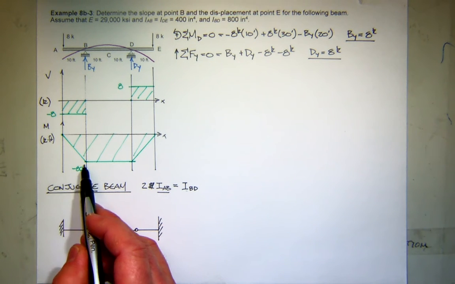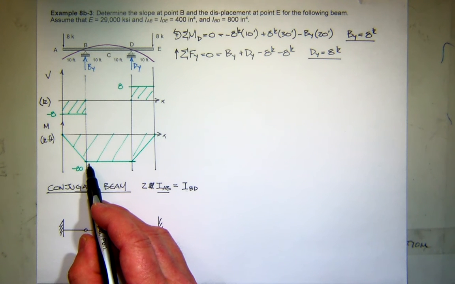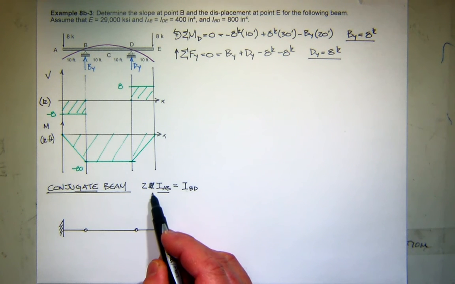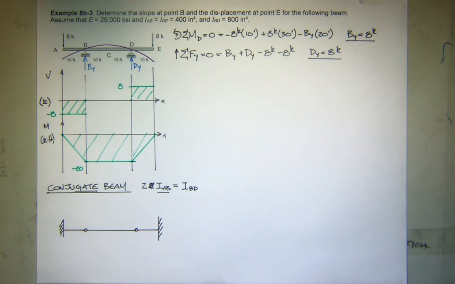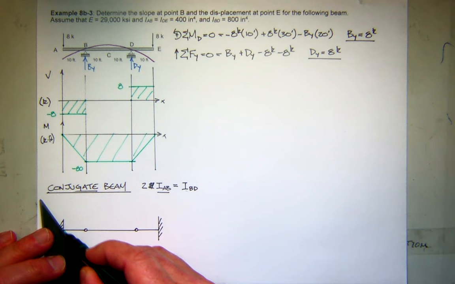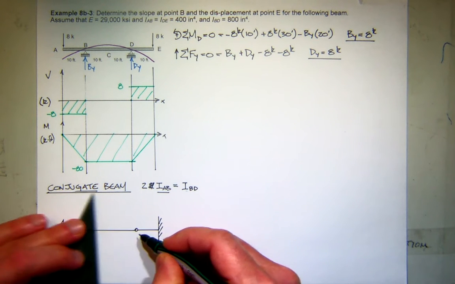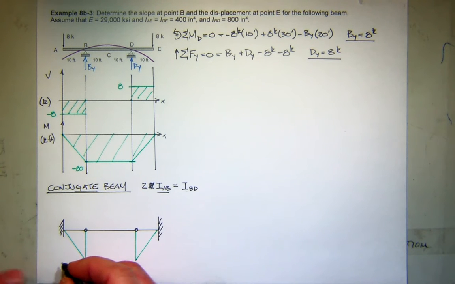So over this section, I'm going to have 80 divided by AB. Over this section, I'm going to have 80 divided by that, but that's equal to that. And 80 divided by 2 is 40. You guys see that? So now, my diagram looks something like this. So those parts are simply projected, and they're both going to be 80 kip feet divided by EIAB.